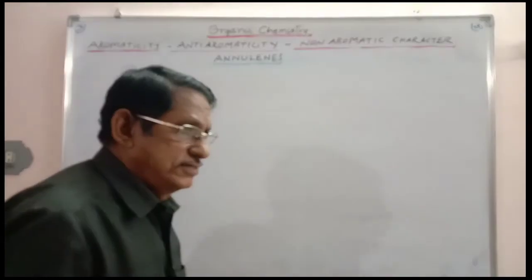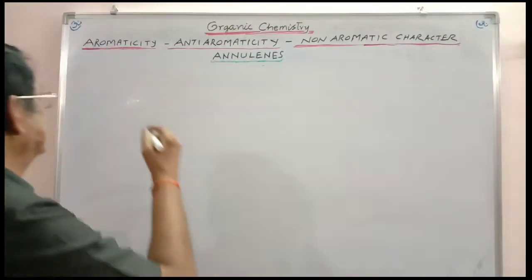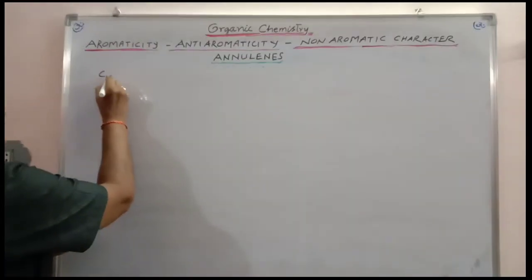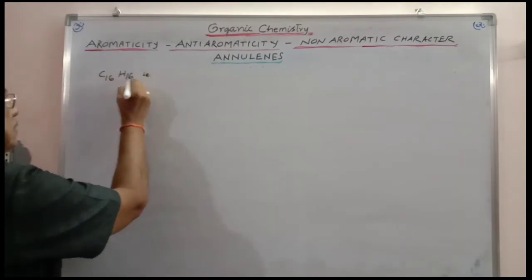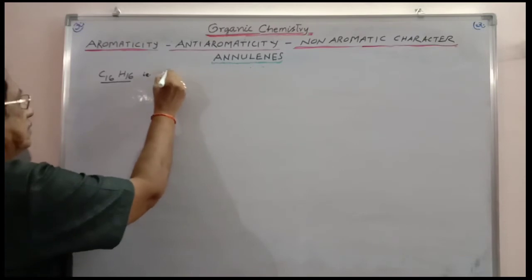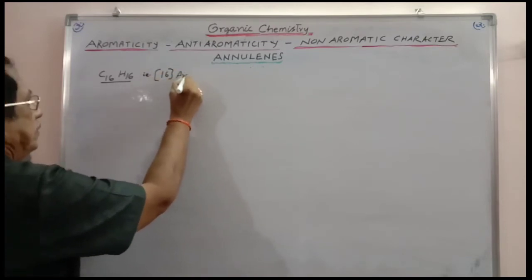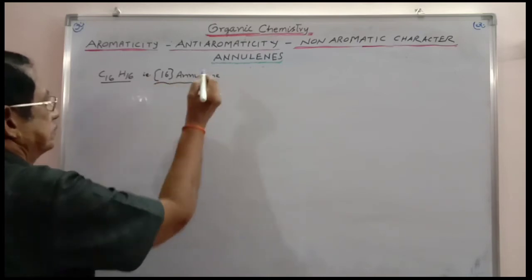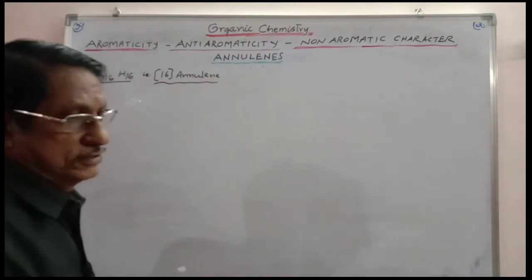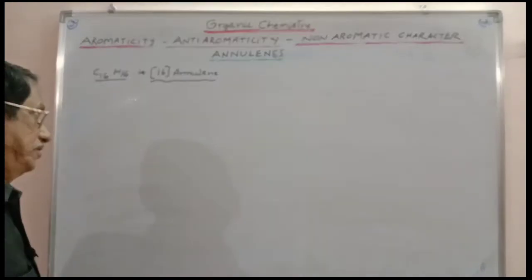Now let us consider C16H16, that is 16-annulene. Let us consider this. There should be 16 carbons in the monocyclic ring structure.